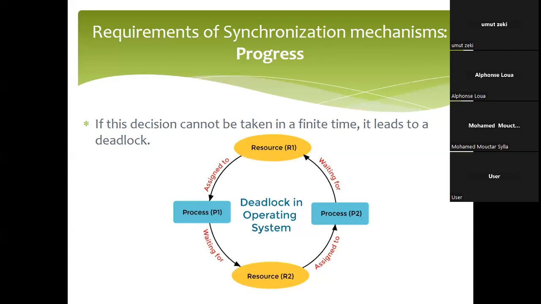If process 1 does not enter the critical section, the system will just say, okay, leave there and wait here until you find out what you are going to try. Otherwise, what will happen? A deadlock may occur.